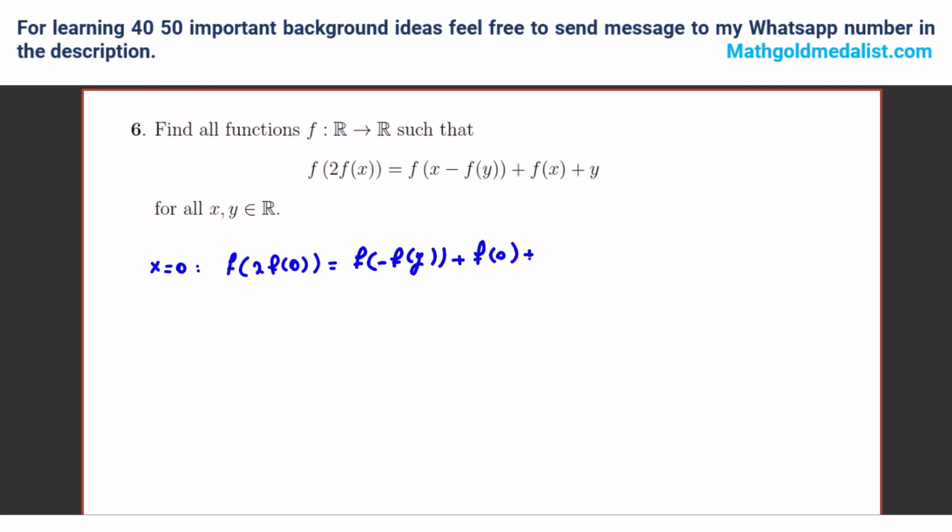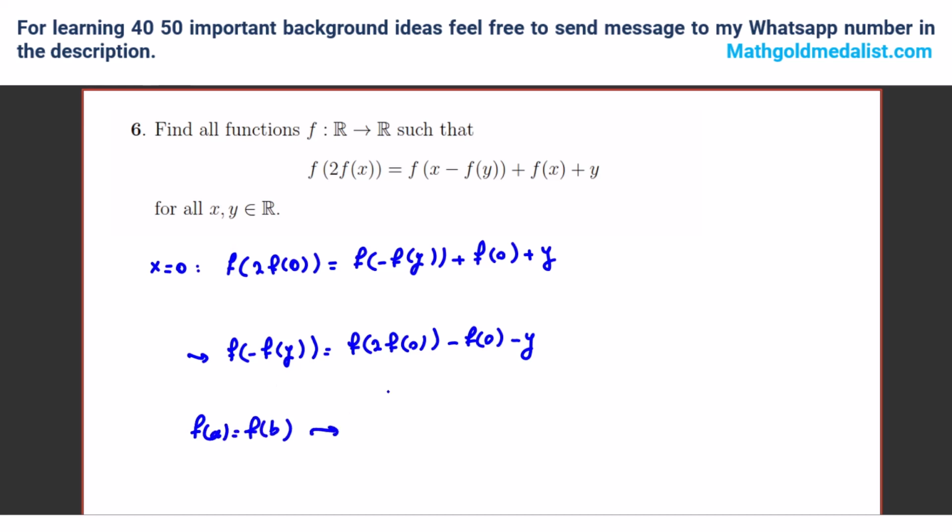This means f of negative f of y is equal to negative y plus some constant k, because the other two terms are just constant. Then I assumed f of a is f of b, substituted y equals a and y equals b, and got a equals b. So when f of a is equal to f of b, the right-hand side gives negative a equals negative b, and a equals b, right?